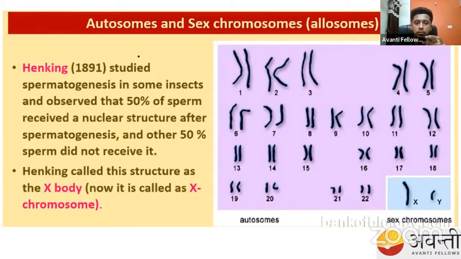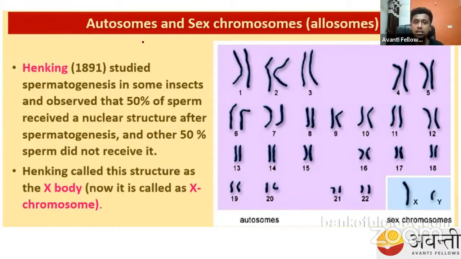Basically, sex determination can happen in many ways. We can do it by physical determination: by looking at an individual, we can understand whether it is male or female. For example, in humans, we can tell whether a person is male or female.